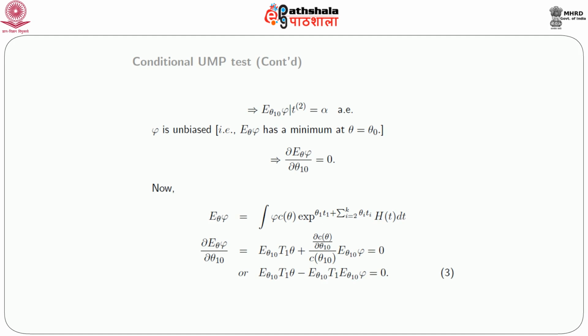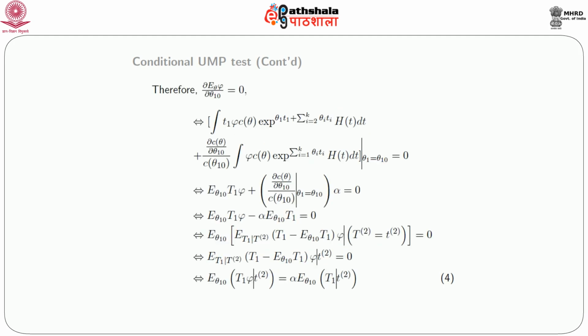Equating it to 0 we get the expectation of t1 phi minus the expectation of t1 times the expectation of phi equal to 0, and therefore the derivative of the expectation of phi with respect to theta 1 naught is equal to 0.